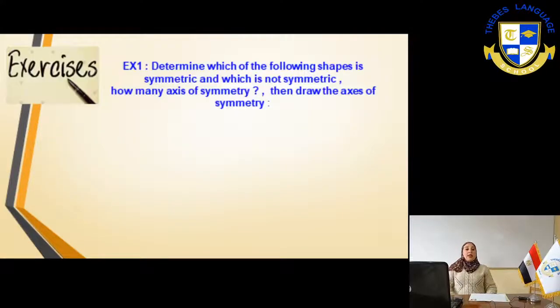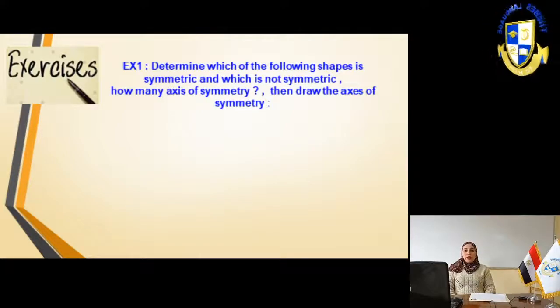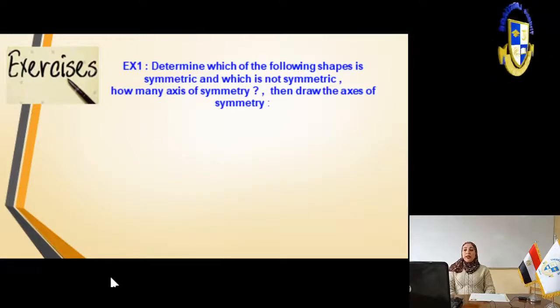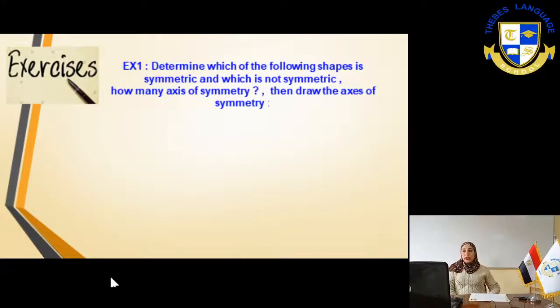Now, exercise number 1. I want you to determine which of the following shapes is symmetric and which is not symmetric, how many axes of symmetry, and then draw the axis of symmetry. At the beginning, what is the meaning of symmetric?